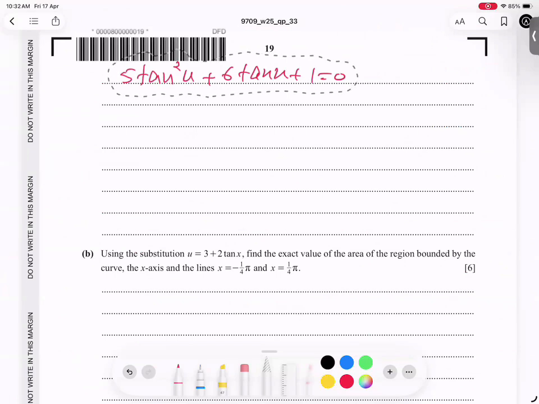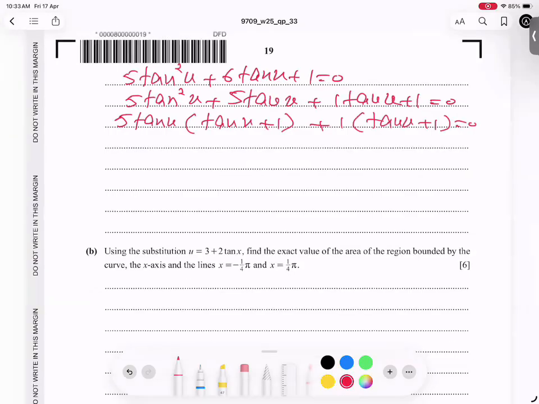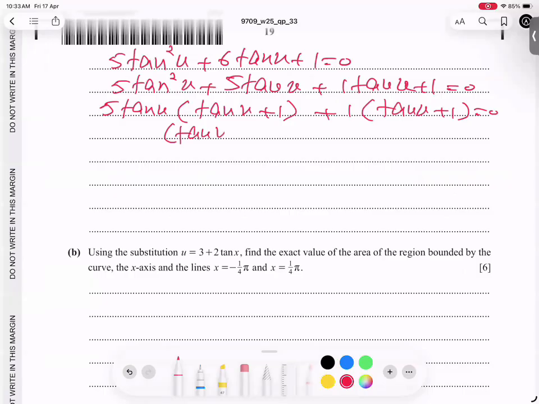This is done. Now 5 ones are 5, so 5 into 1 is 5. So I can say here factorization: 5 tan x plus 1 tan x plus 1 equal to 0. Taking 5 tan common, I get tan x plus 1, and 1 common, tan x plus 1. So I'm getting here tan x plus 1 and 5 tan x plus 1 equal to 0.